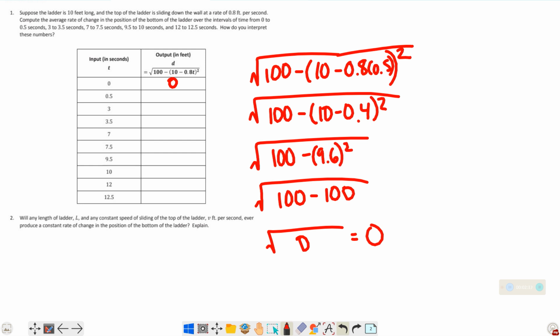And 9.6 squared is 92.16. When you subtract that from 100, you get 7.84. And the square root of 7.84 is 2.8.